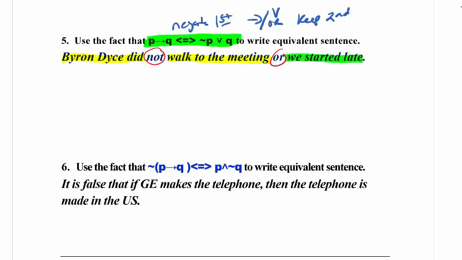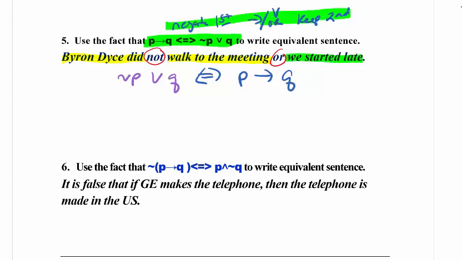So in symbols right now for my sentence, I have negation of P or Q. This actually is using the direct piece, but I'm not even going to look at what I have in green because the relationship says, look at what I said in words. We negate the first, go from or to if then, keep the second. So I think that, again, some of you can do it from there, but notice I'm not using the format that I normally do. I'm going backwards on this one.